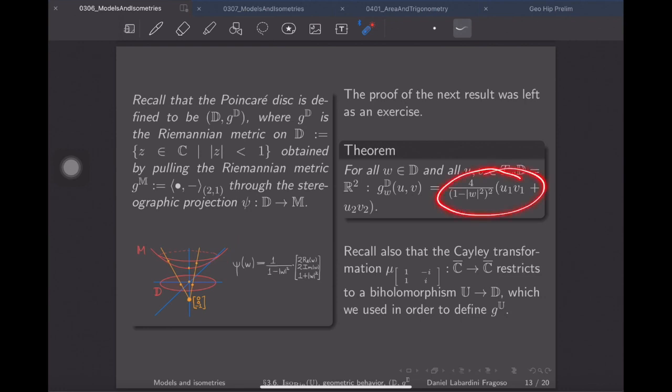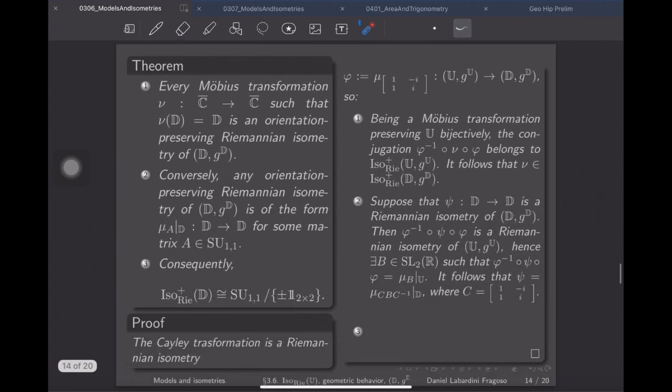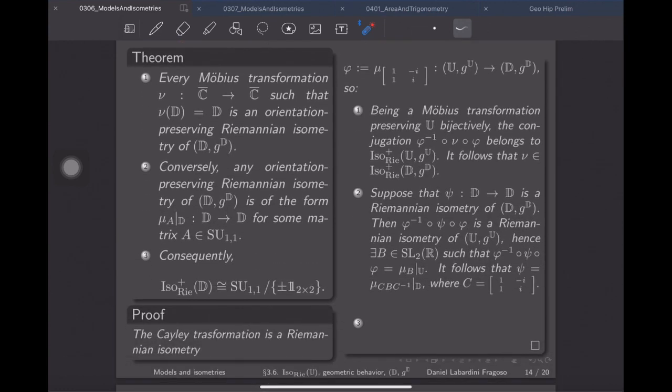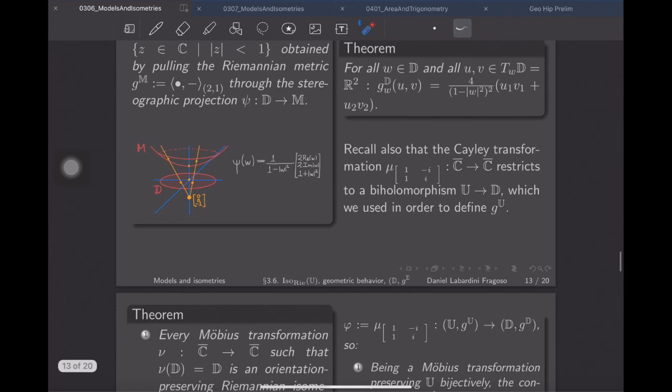We saw that there is a formula, and then using the fact that we also have this biholomorphism between U and D, and the fact that the Riemannian metric that we put on U was defined by pulling this Riemannian metric on the disk to U through this Mobius transformation.